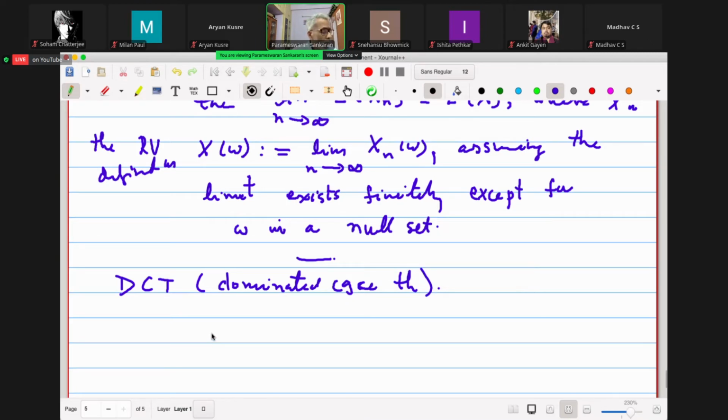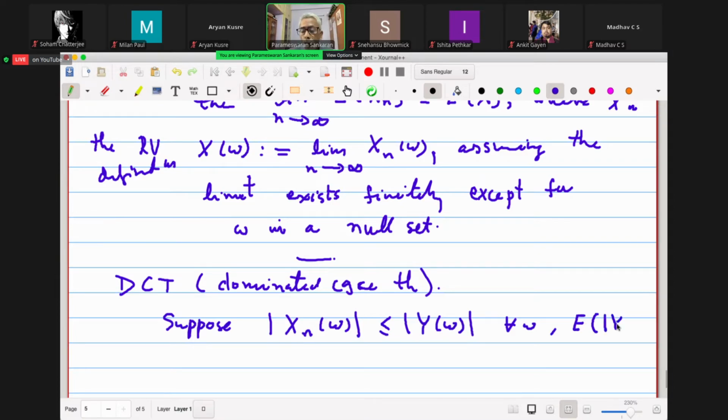Okay, so what is this theorem? Suppose, I write this very briefly, suppose |X(ω)| is less than or equal to |Y(ω)| for all ω, and expectation of absolute value of Y is finite.